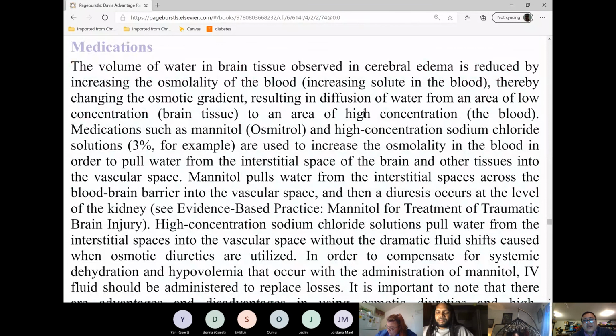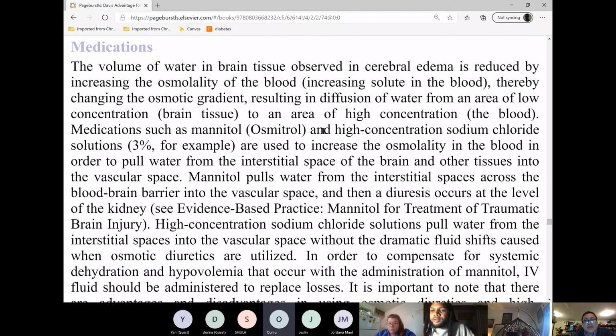Let's go now to drug therapy. Remember that there is edema here. So part of the interventions to decrease the edema, of course, is to give diuretics. However, what does any diuretic do to the blood pressure?